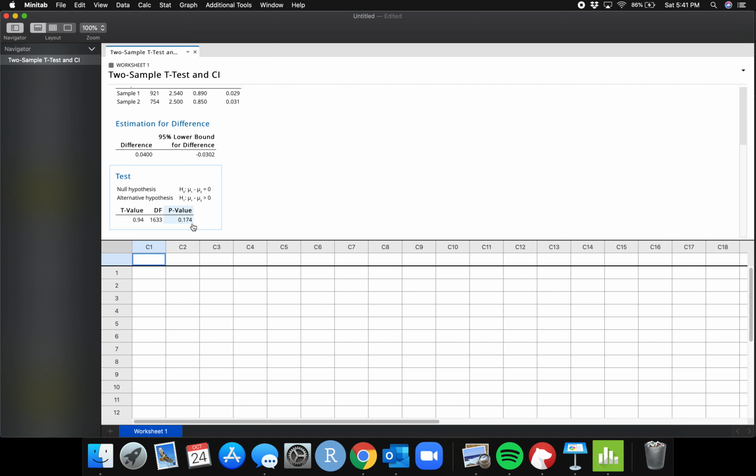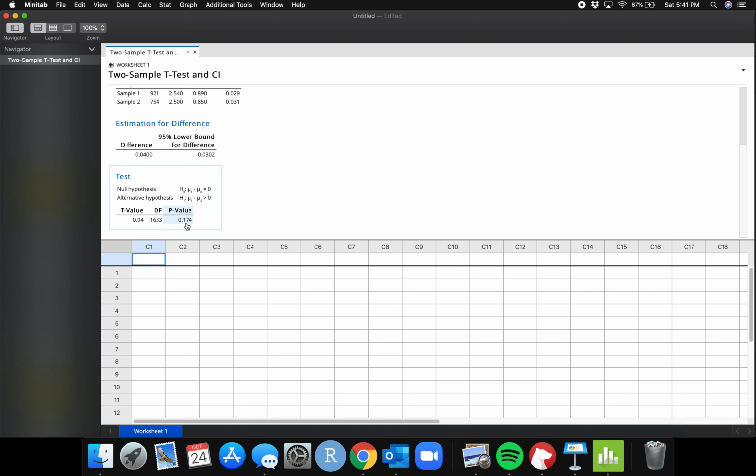You write down the p-value with a probability statement: the probability that t is greater than 0.94 equals 0.174. Since the p-value is greater than alpha, I fail to reject.